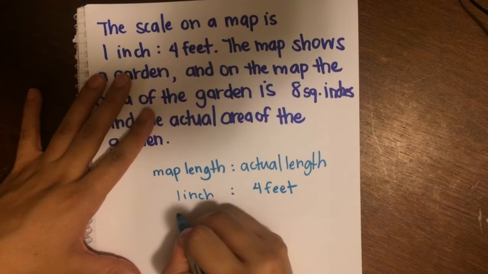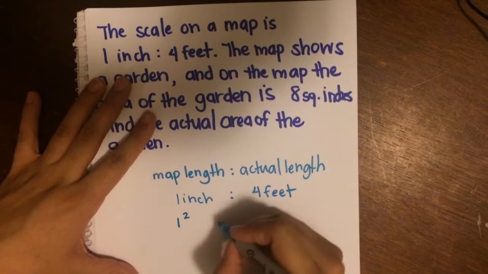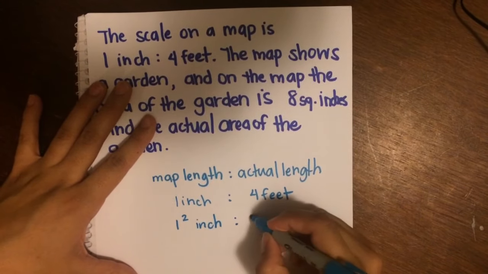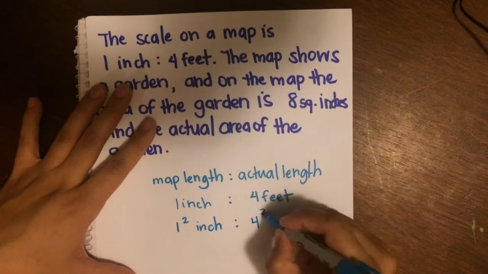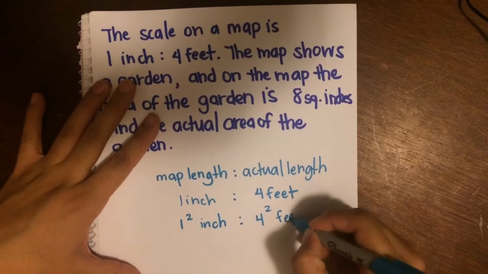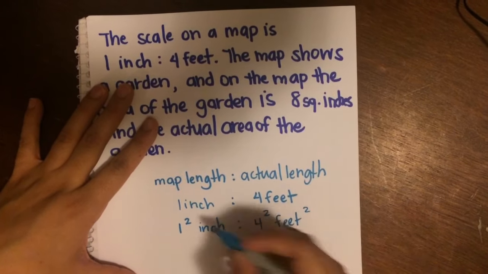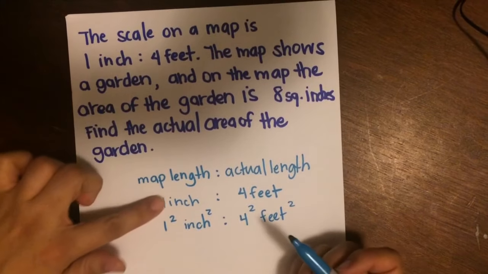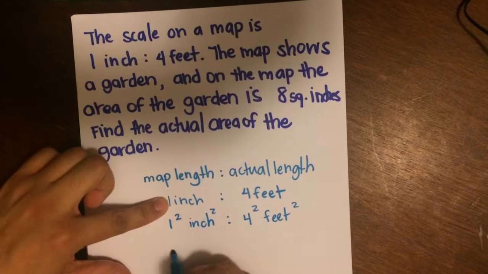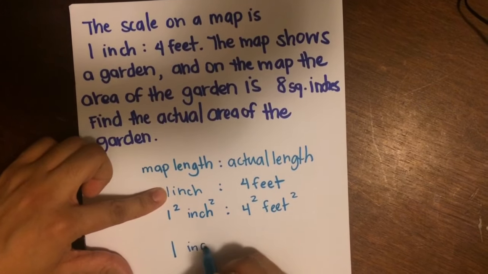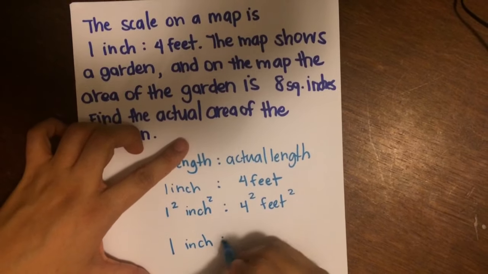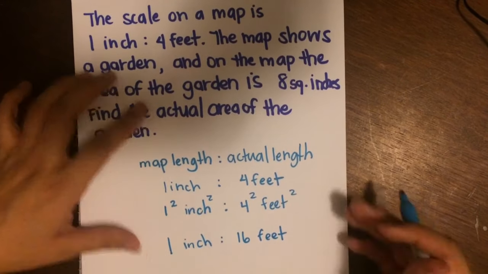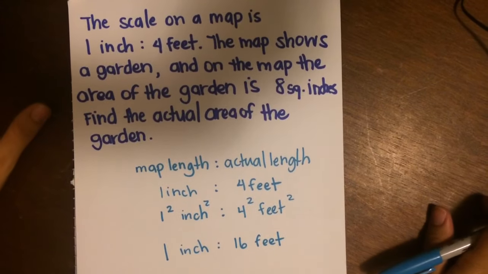So 1 squared inches is going to be similar to 4 squared feet. And I guess we have to square the feet too. It's a little weird, but we get there. So if I've got 1 times 1, that's going to be just 1 square inch. And on the other side, 4 times 4 is going to be 16 square feet. So this is where we get this.